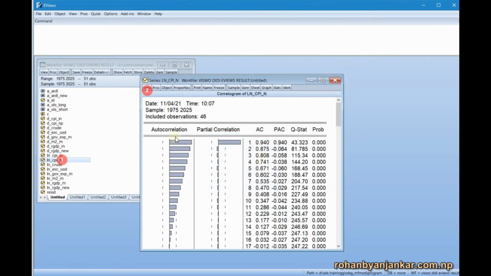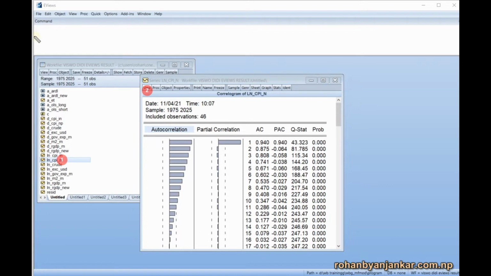Let's click OK. This is the graph, and what we observe from this graph is that first we see the autocorrelation function. We see that it is decaying over a period of time, meaning that it is falling gradually, and this term is called decay.